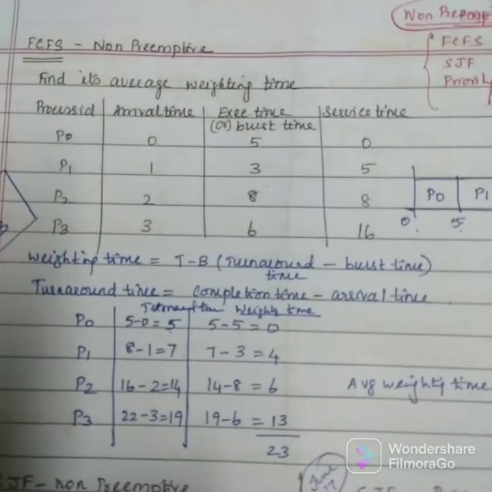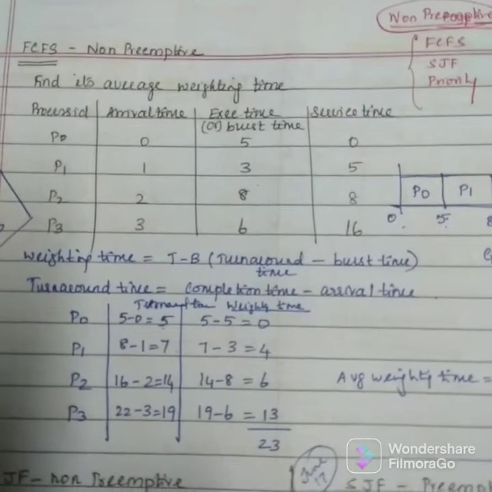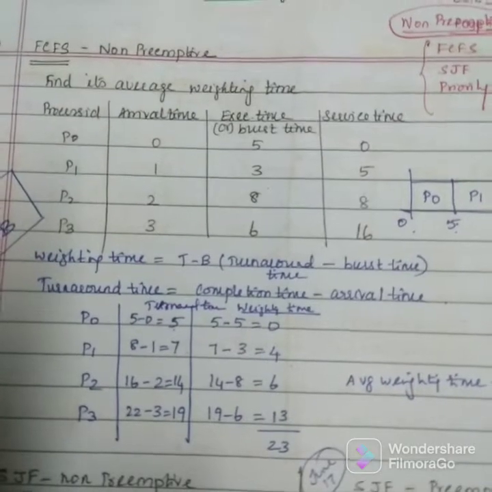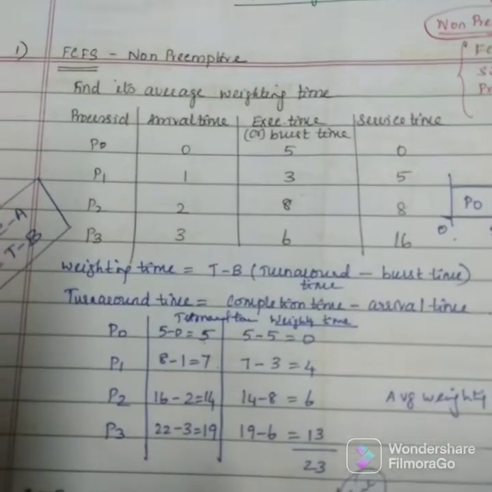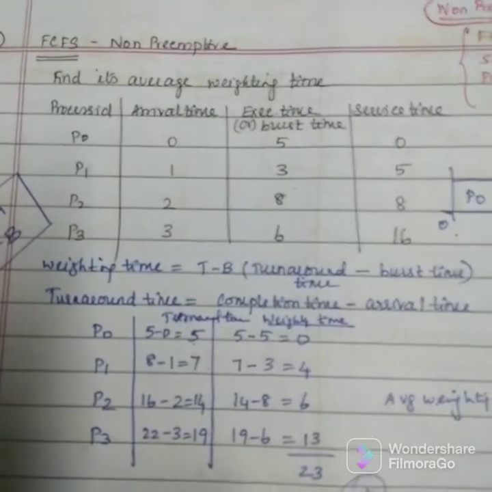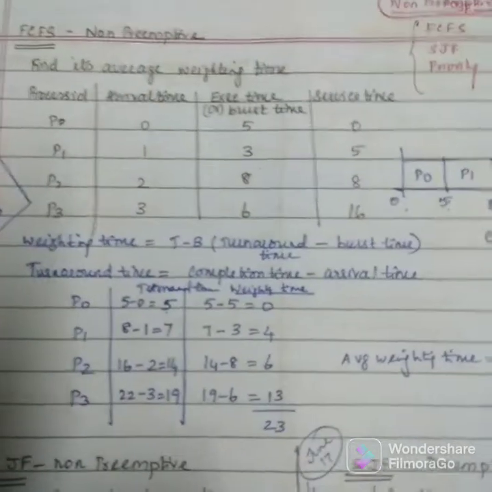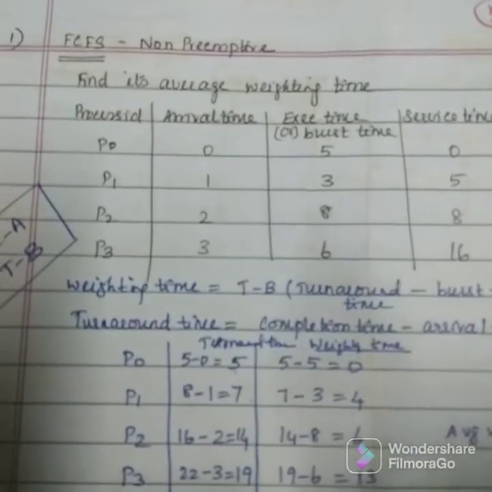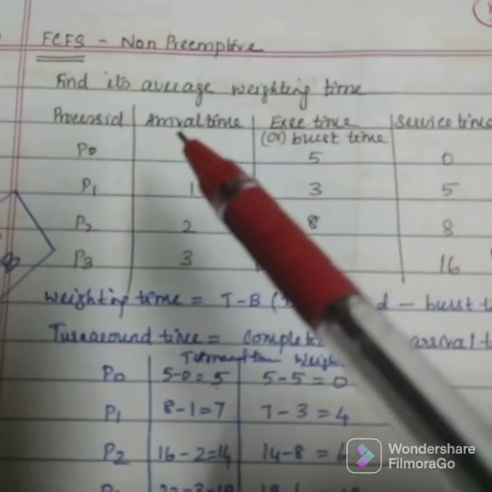Here we will be seeing an example for non-preemptive. That is FCFS. It's a non-preemptive, first come, first served. Now let's see this example.